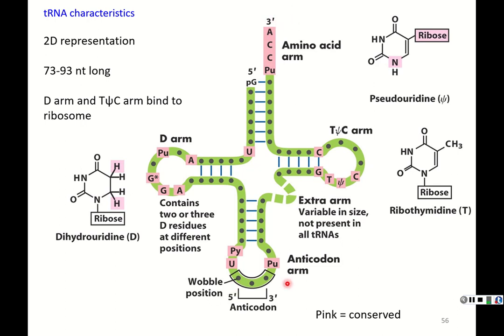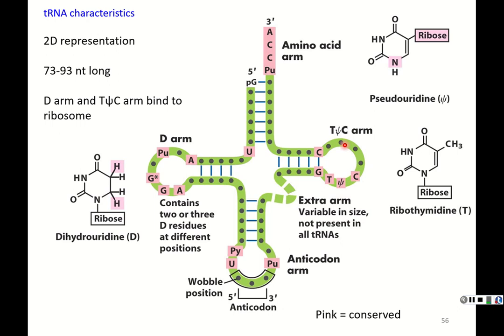Okay. Then down here is the anticodon arm, and again your anticodon, if we look at it in the 3' to 5' direction, because that's usually the way we're going to look at these, because they're matching 5' to 3' on the codons, and the wobble position would be there. Okay.